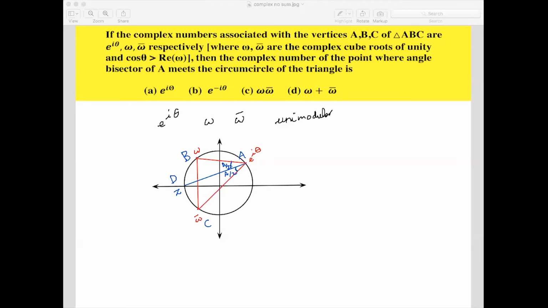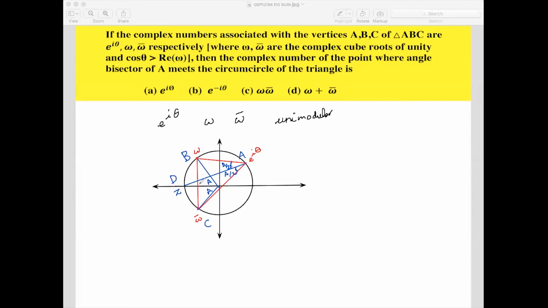Now, if you draw two more lines here, say joining this to the origin, what do you expect? This is a property of a circle. This angle should be A here, and this angle should also be A here, because it is double what is subtended at the circumference.